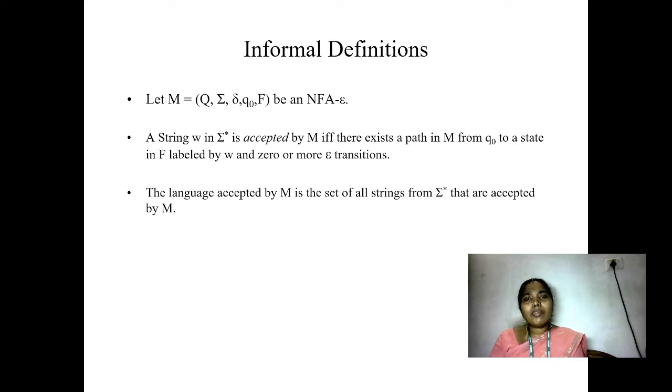The language accepted by M is the set of all strings from sigma star that are accepted by M. This is the informal definition of epsilon NFA. You can pronounce it as NFA epsilon or epsilon NFA.